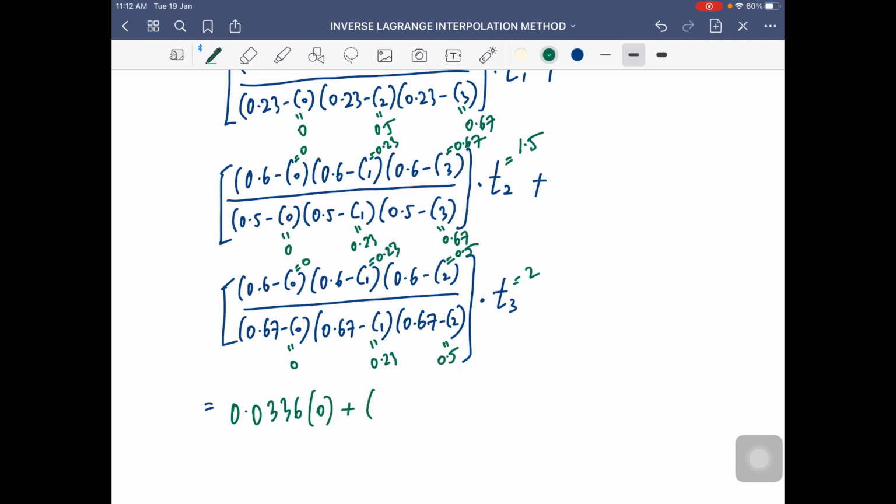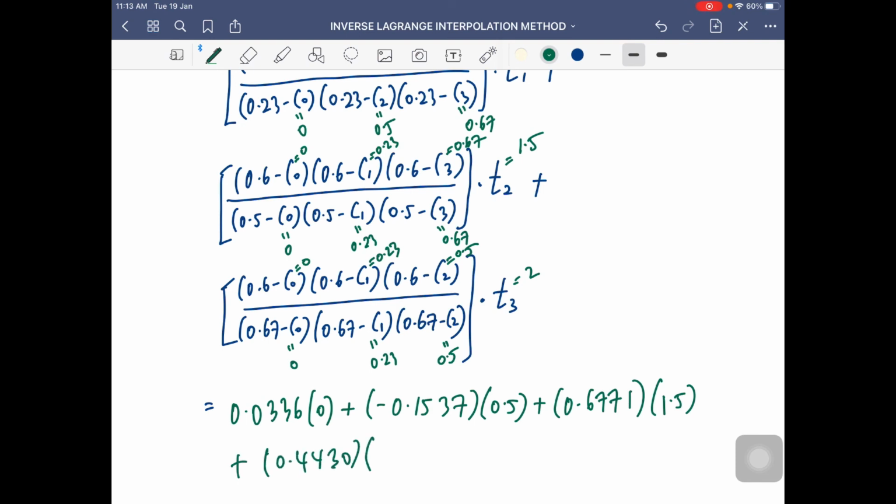Okay, and then plus the second Lagrange term, I should get 0.1537 times my t1, 0.5, and then plus my third Lagrange term is 0.6771 times t2, 1.5, and then the last one is 0.4430 times t3, 2.